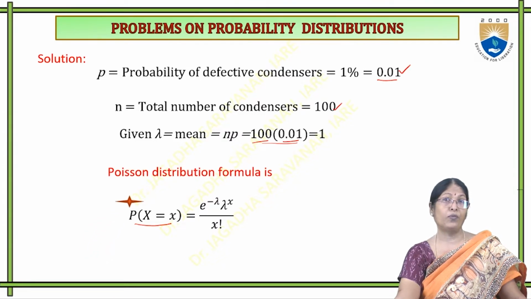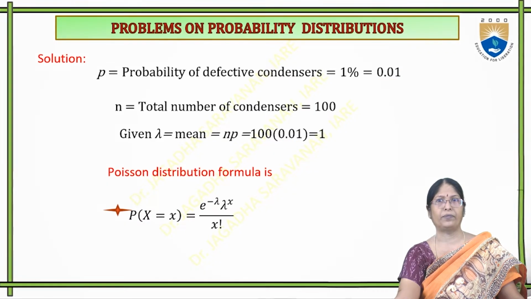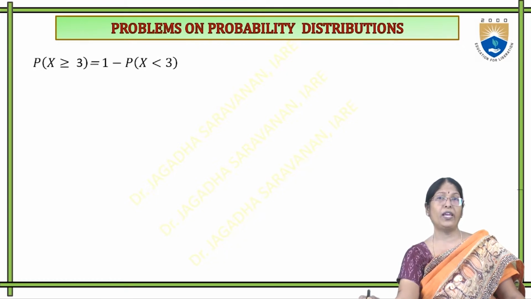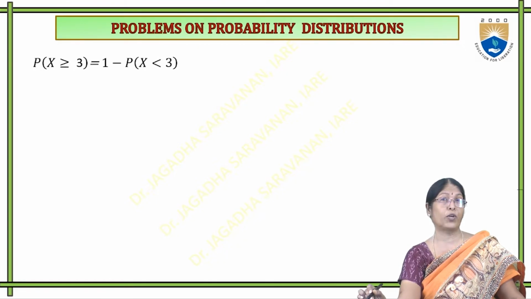We have to be very careful. In the Poisson formula, lambda is the mean and x is the specific target. The question says each box has 100 condensers packed, and asks for 3 or more faulty condensers.